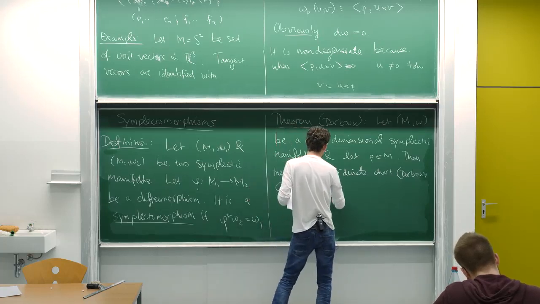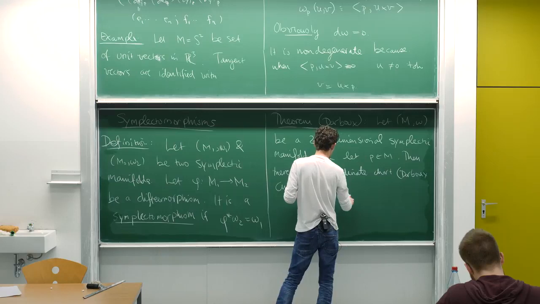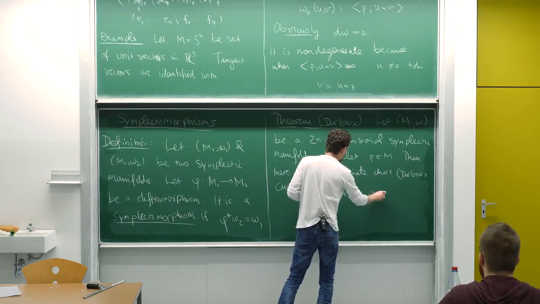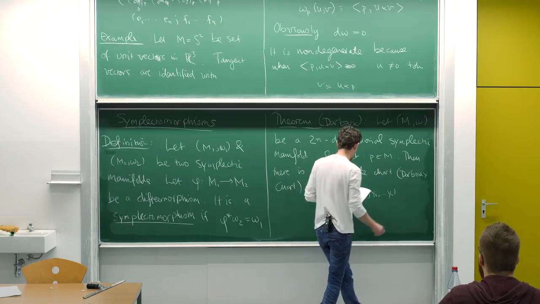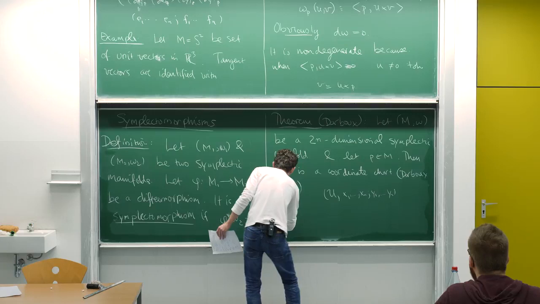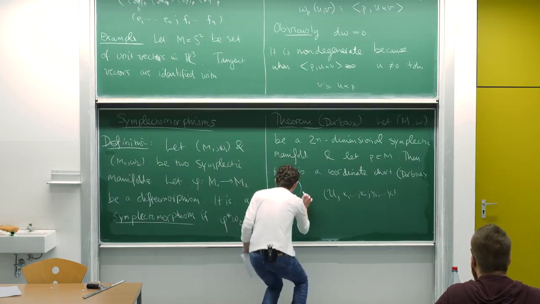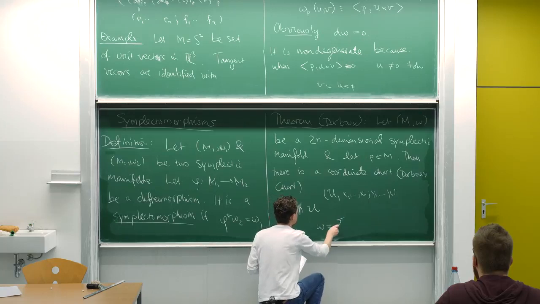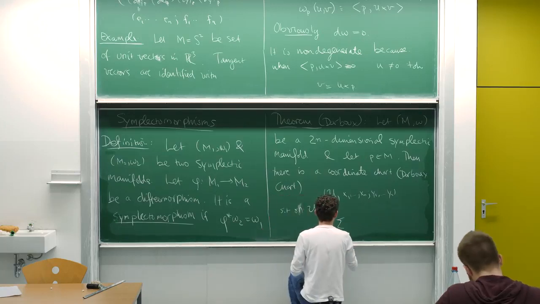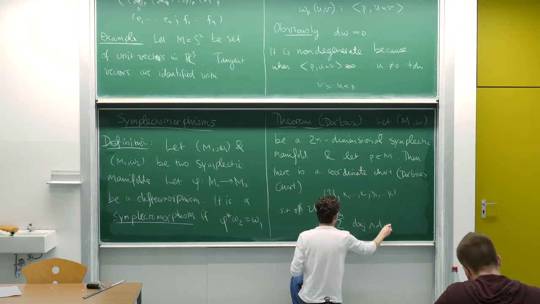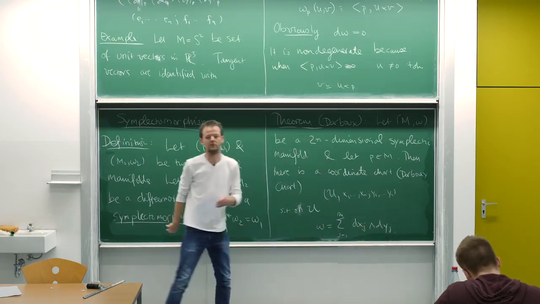I'll denote this chart as U with the coordinate basis x1 through xn, y1 through yn, such that on U, our two-form is exactly the one that we had before. There's no other possibilities.